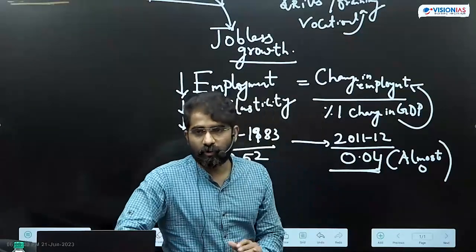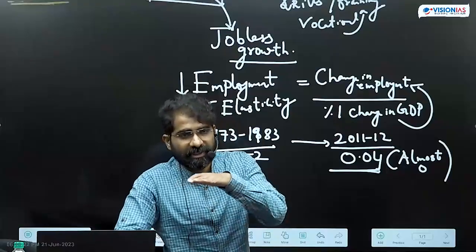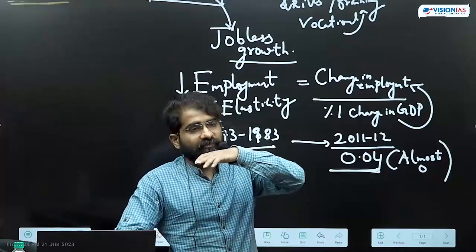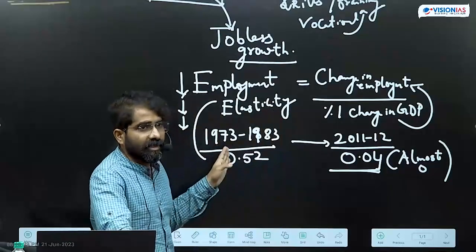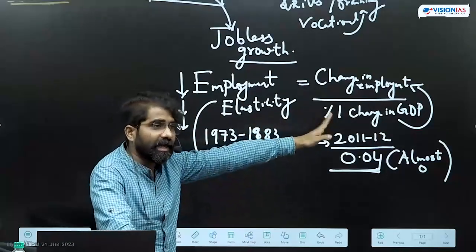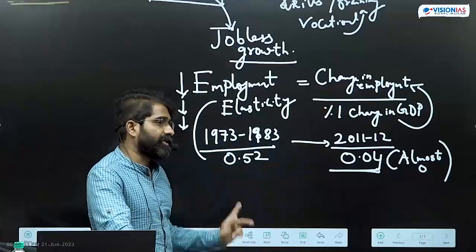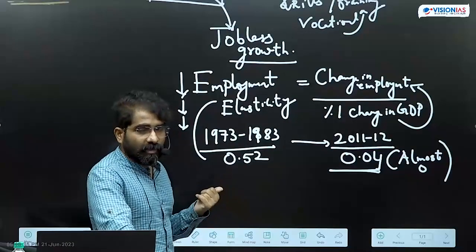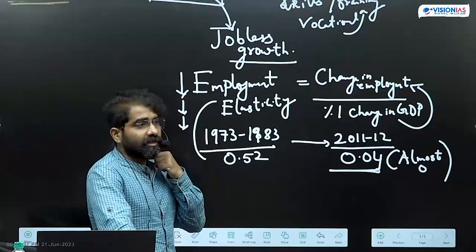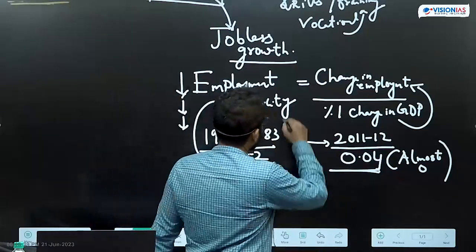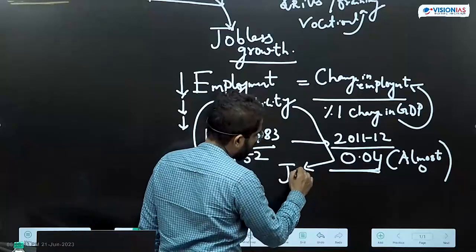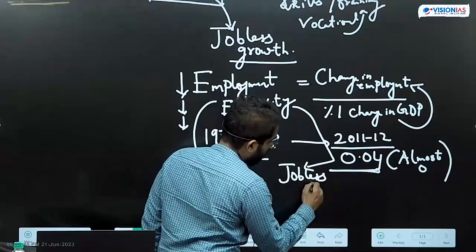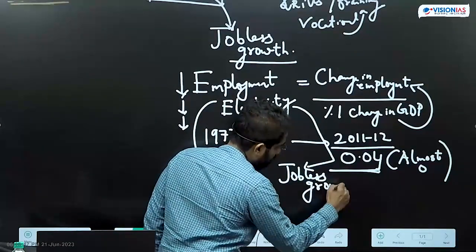So this shows that in proportion to the GDP increase, the number of jobs being created was obviously higher in the 70s and 80s in comparison to after LPG. Is this clear? So after LPG, employment elasticity going down is a clear indicator of what? Jobless growth.